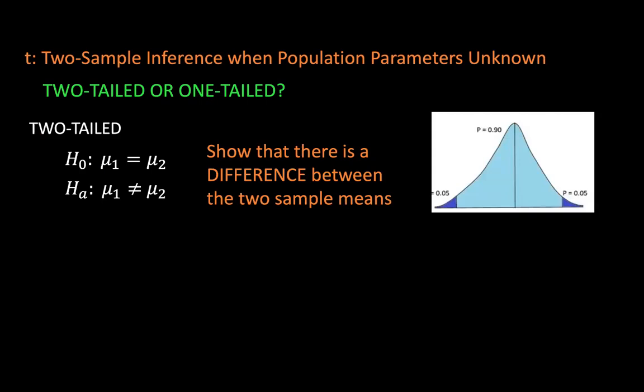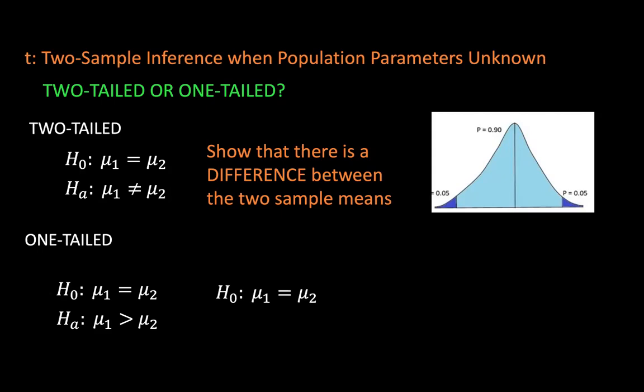So we'll be using a two-tailed test because we want to know whenever there is a difference, even if it's greater, even if it's less. That's why we have to include those two dark blue areas. For a one-tailed test, the null hypothesis is that mu1 is equal to mu2, and the alternative hypothesis is either mu1 is greater than mu2, or alternatively mu1 is less than mu2.